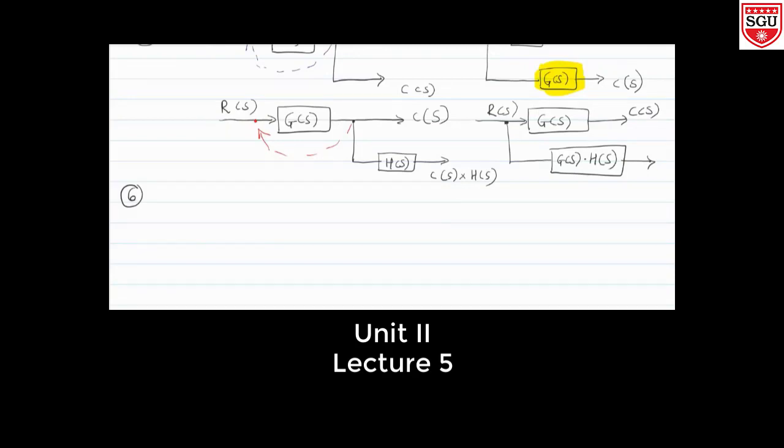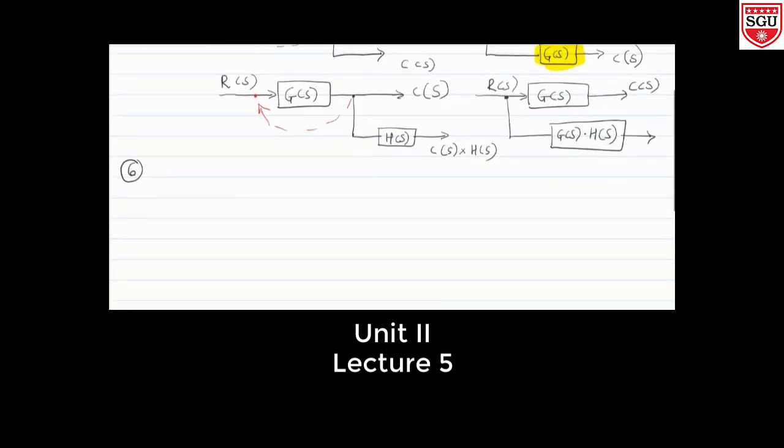We have seen yesterday the concept of a summing point. A summing point is used for summation of two signals.